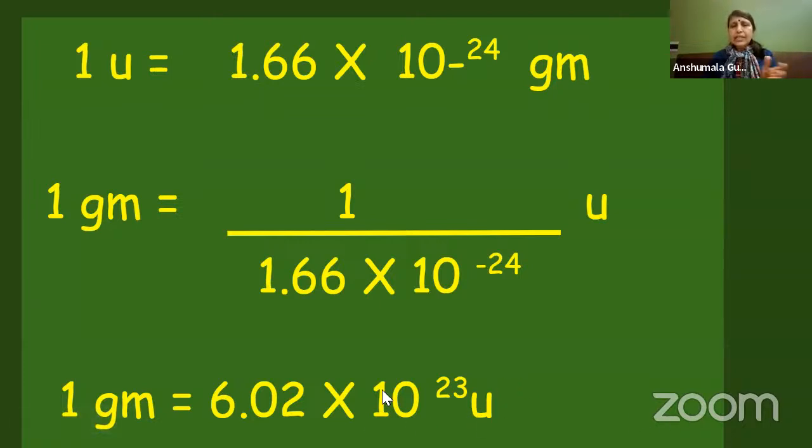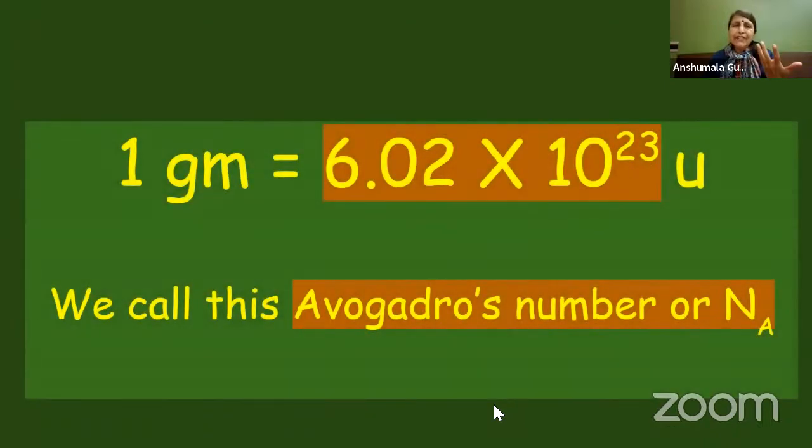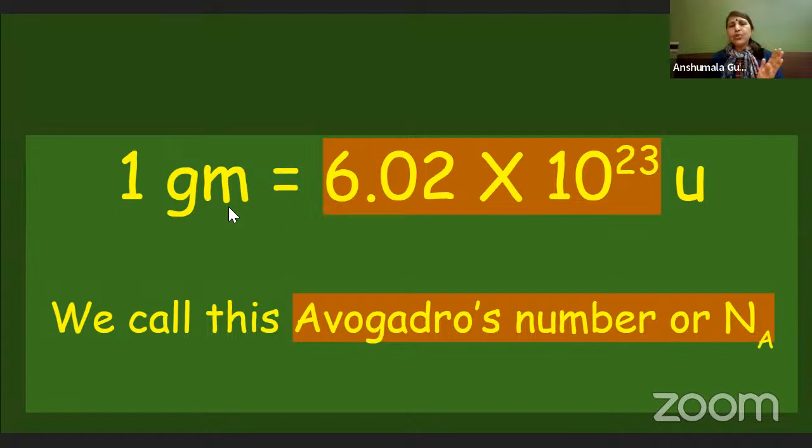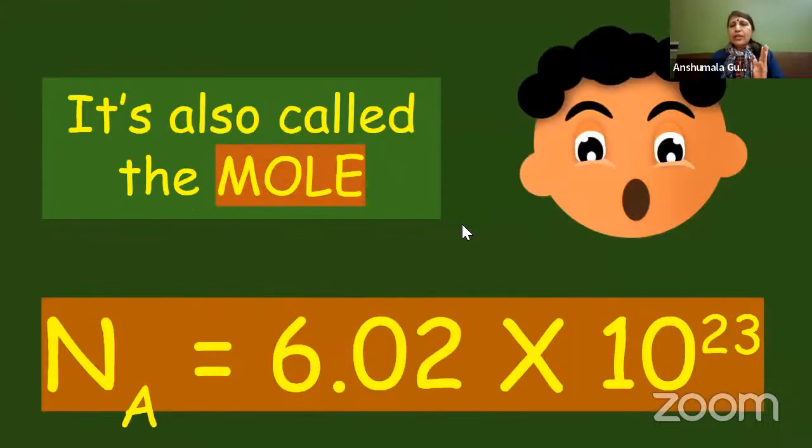This is a very, very famous number, which we call the mole, or also the Avogadro's number. It is essentially the relation between these two units. 1 gram is equal to so many times U, and it is called the mole.